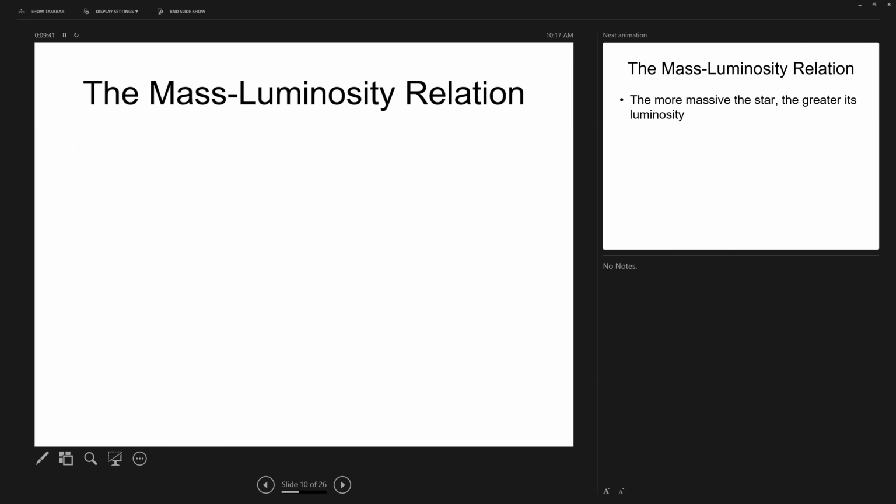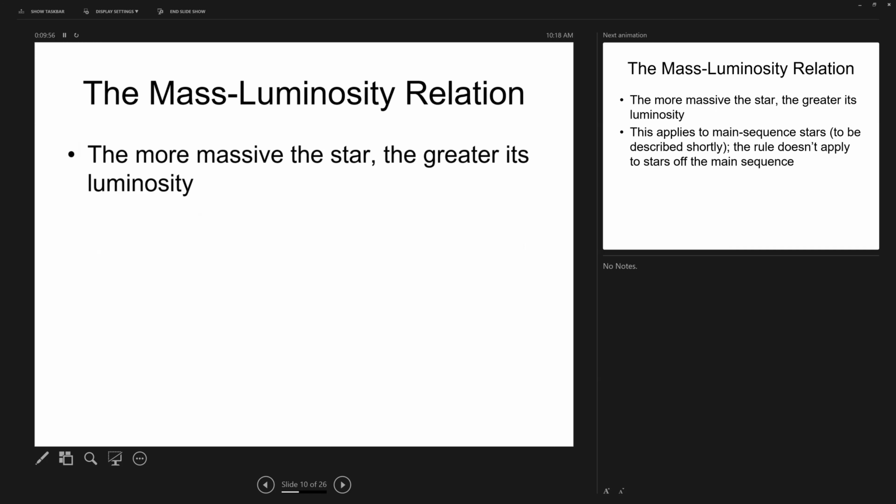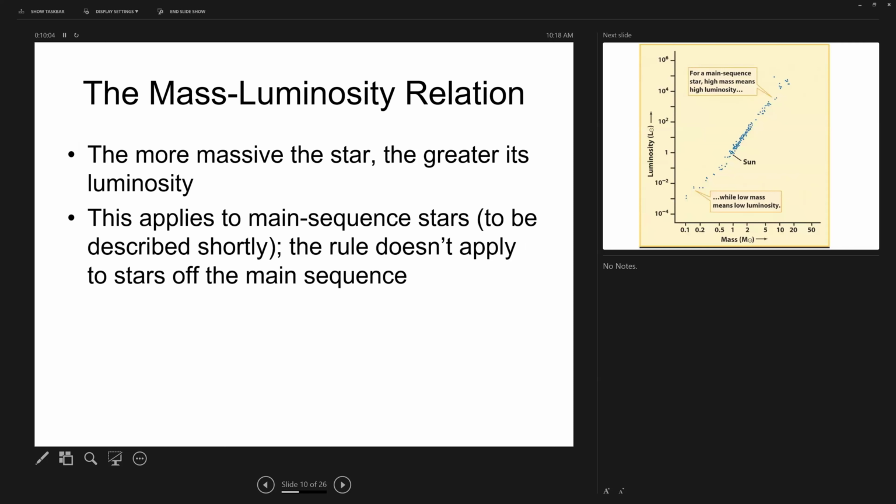Okay, now that we've got another thing about stars added to our knowledge of them, the mass, there's something called the mass-luminosity relation that has shown up. And it's about what you might expect. The more massive the star, the greater its luminosity. And it applies to main sequence stars, and I'll describe that pretty soon here.